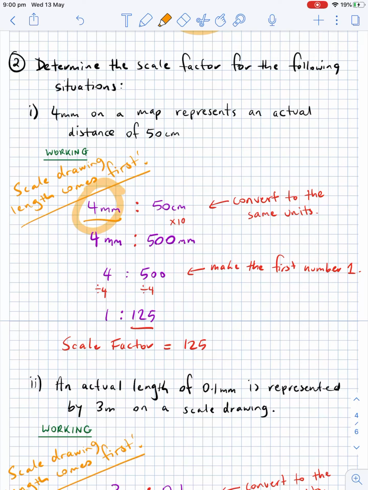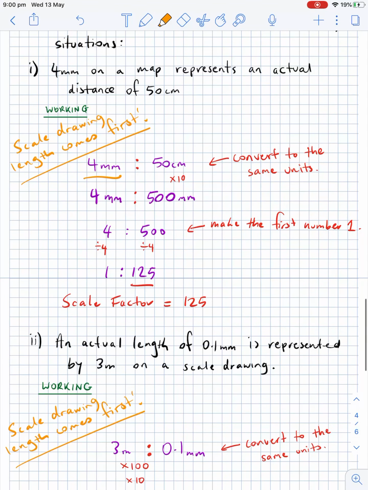The map part comes first, our 4 millimetres, and our real life distance comes second. Now, notice that we've got different units, millimetres and centimetres. We need the units to be the same, so we're going to convert our 50 centimetres into millimetres so that they match. So it becomes 4 millimetres to 500 millimetres, and we can just get rid of the units now because they're the same. So that's 4 to 500.